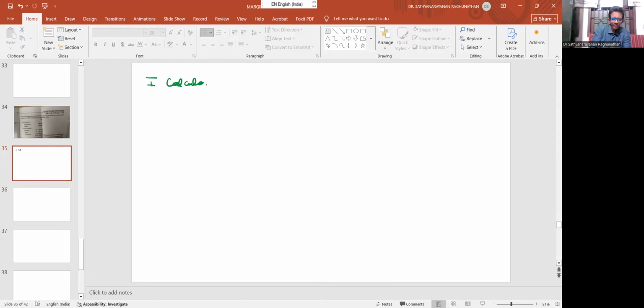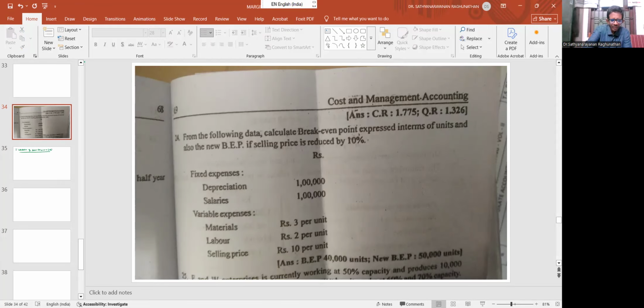Now, calculation of break-even point in units. So here, what is the formula for break-even point? Now the selling price is 10 rupees per unit only. So it has not been reduced. So what is the formula?